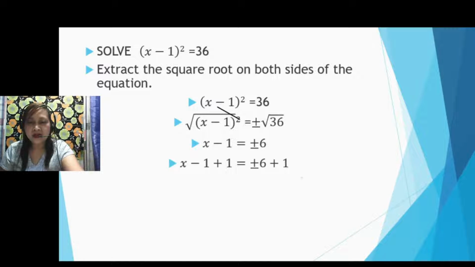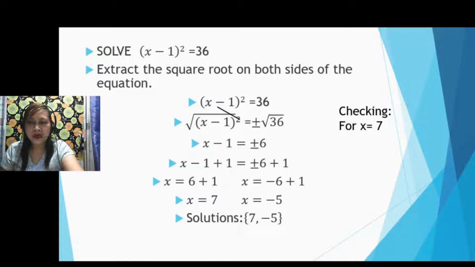The resulting equation is x is equal to, since 6 here is positive and negative, positive 6 plus 1, and the other solution is negative 6 plus 1. And voila! Solutions 7 and negative 5.